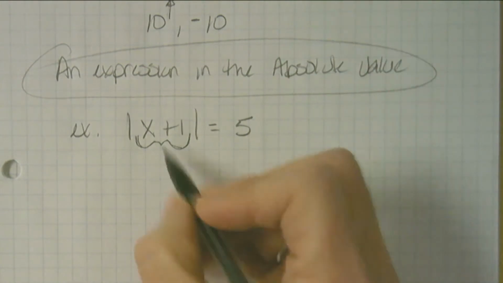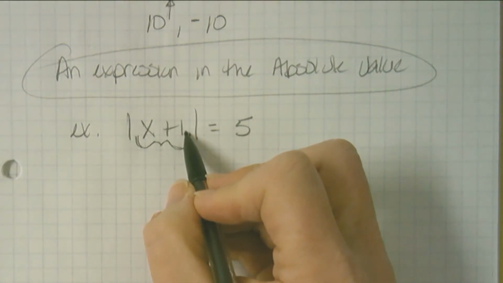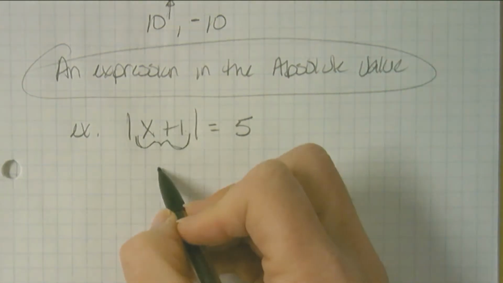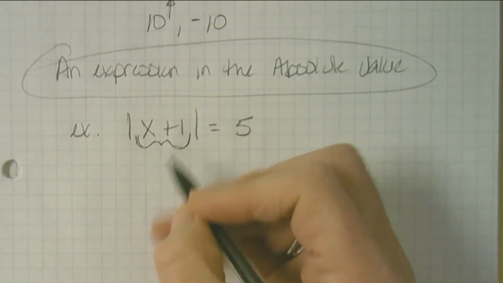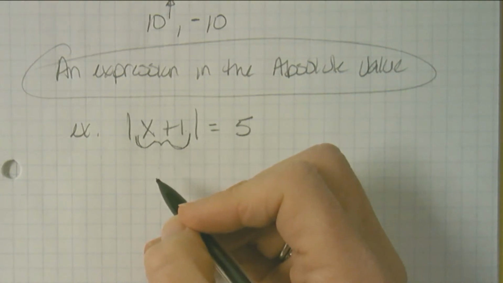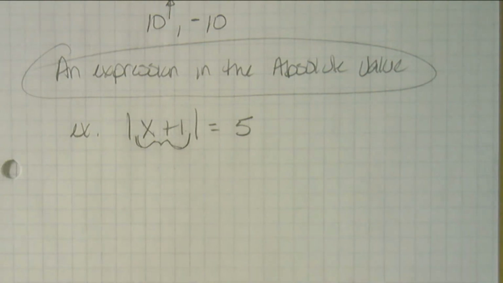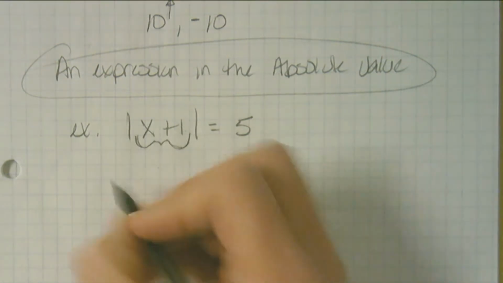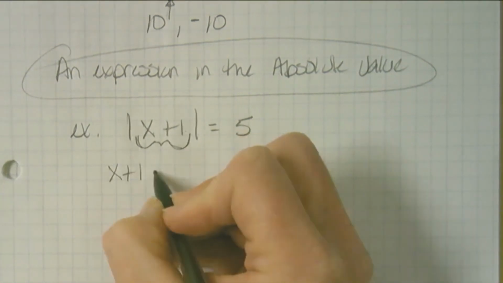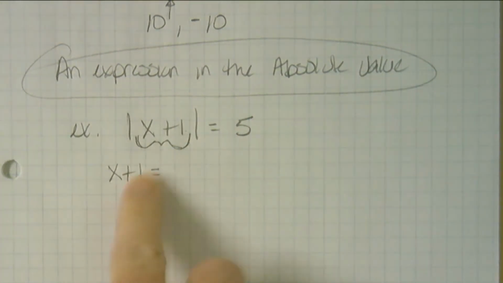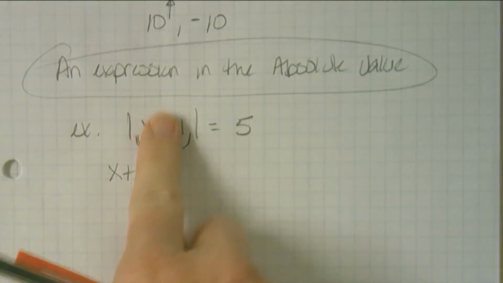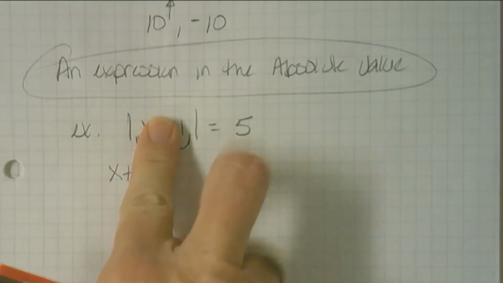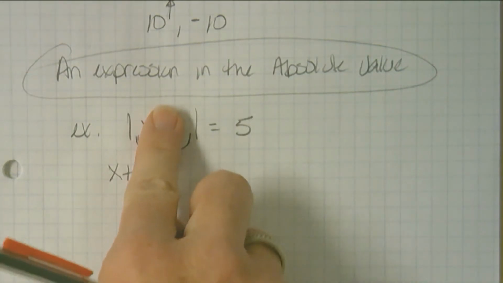So what does x plus 1 have to equal for me to be able to get a 5 after I take the absolute value? Victoria? Not what does x have to be. What does this addition have to be? What does x plus 1 have to equal? When I take the absolute value of that number, I get 5.